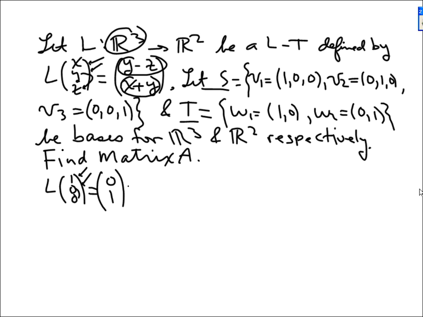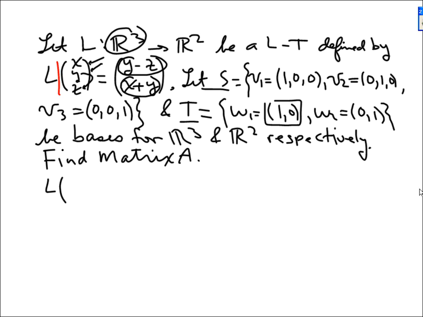And now we want to write this as a linear combination of these vectors. I'm just going to change my notation. I just realized I've been writing the vectors horizontally. Okay, so little typo.